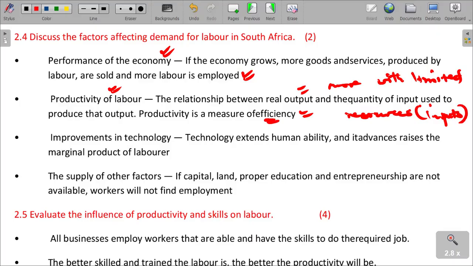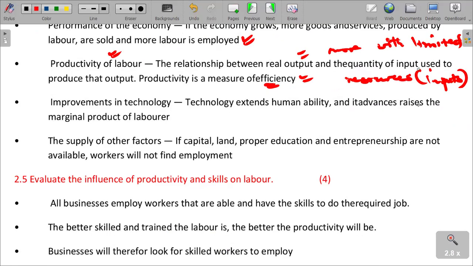So therefore, labor productivity affects labor demand. If people are working properly and producing effectively, it can also result in promotion of labor. Then improvements in technology: technology extends human ability and raises the marginal product of a laborer.